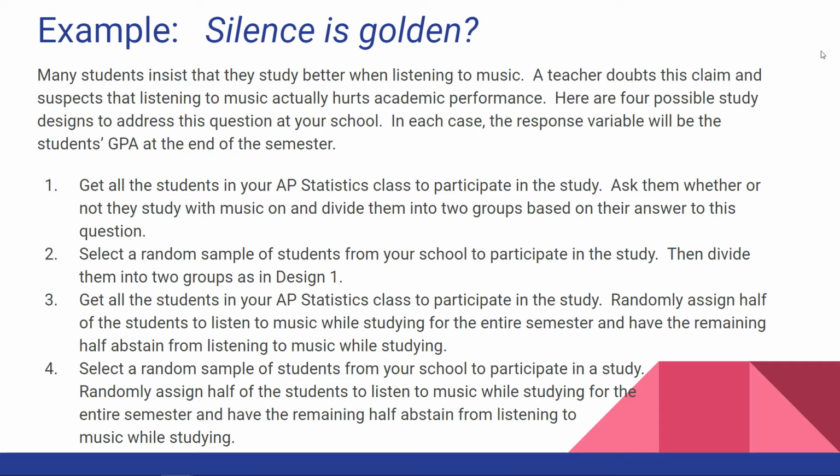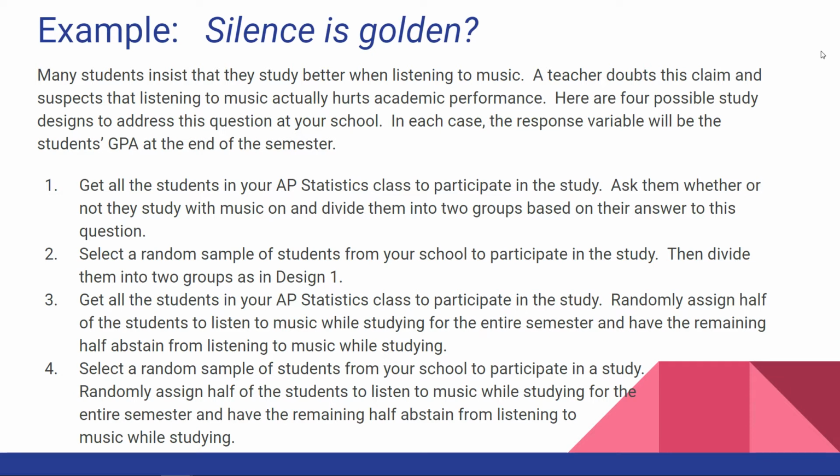So in the first situation, all of the students in the AP class are going to participate, and then they divide them into 2 groups based on a specific question. The second one, we choose a sample of the students from the entire school, but then divide them the same way as design 1.